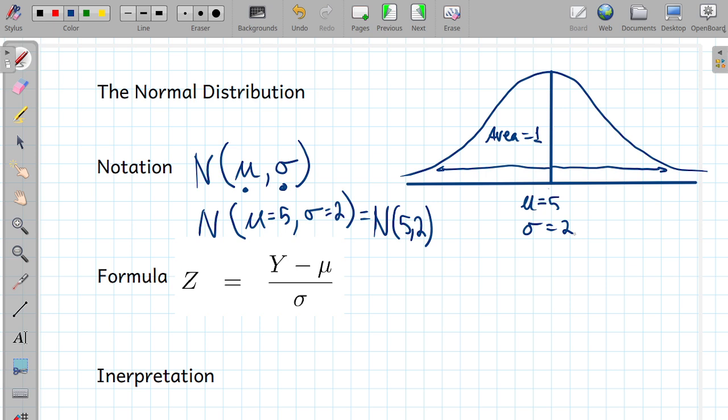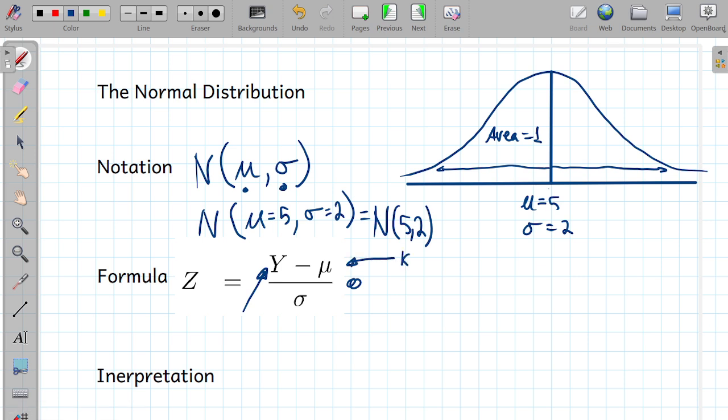Now, there's a formula associated with this curve. We're going to make extensive use of this tonight, and that is this fellow right here. The z-score is what we're going to be seeking. I want to illuminate this somewhat. Here's y, here's that Greek letter mu, and here's sigma. So y is a value that you are given that you're interested in comparing to a known value.